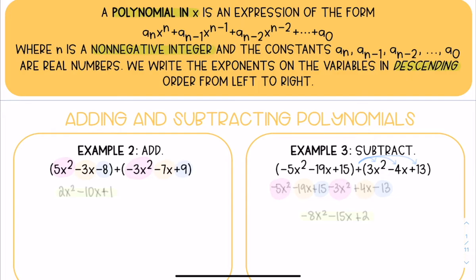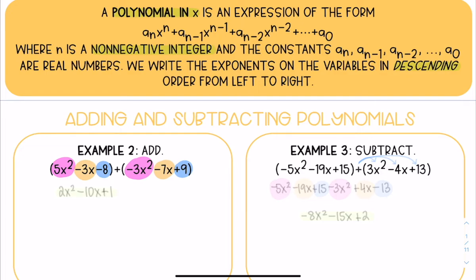So adding and subtracting polynomials is just combining like terms. So let's look at example number 2. We need to find like terms. We have 5x squared and -3x squared. We have -3x and -7x. And we have -8 and +9.